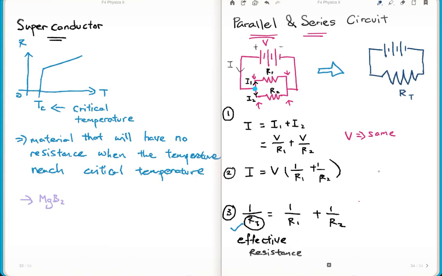Okay, then what we will do next is, is it possible to find out, if you were told of the source, and the resistances R1, R2, will you be able to tell what is the I1? So I'm going to do that.